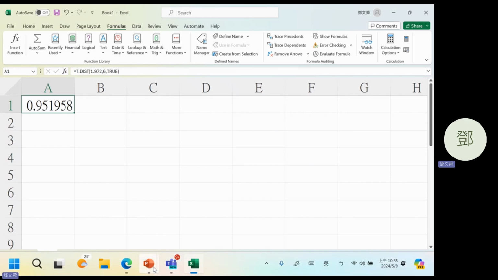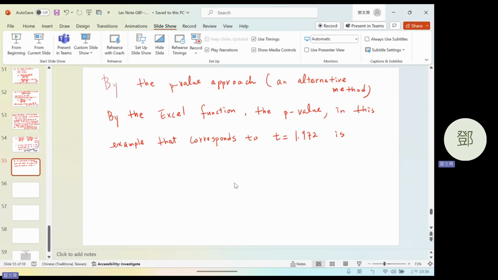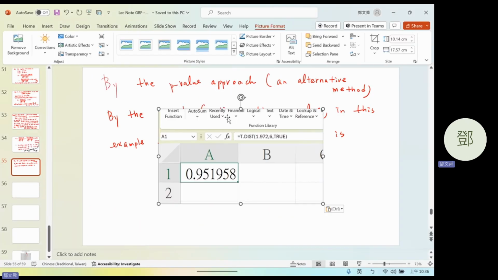If you want to use the p-value approach, then you have to use Microsoft Excel.